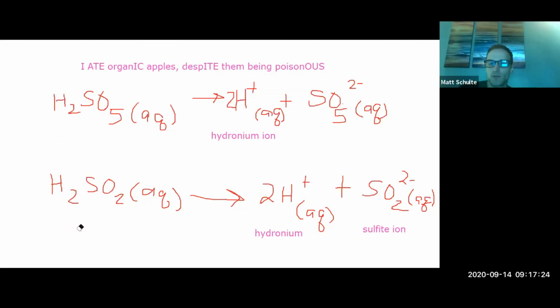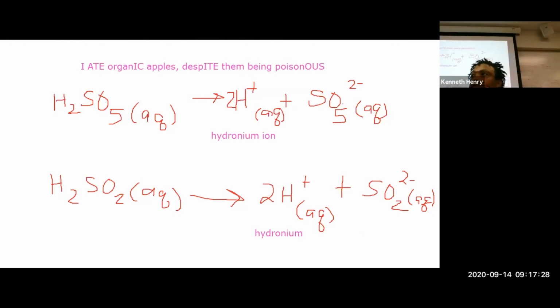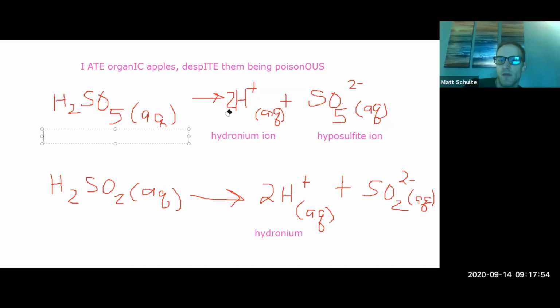Is it hyposulfite ion? Okay, so then the acid is going to be called, oops, I'm sorry, is it hyposulfite for that first one? Sorry, my bad. I was talking about the one on the bottom. Second one.